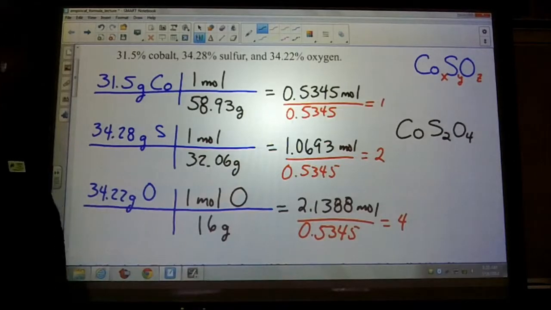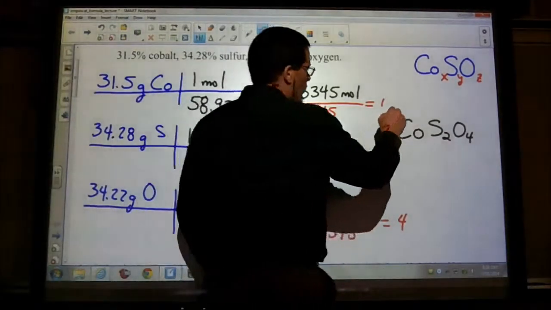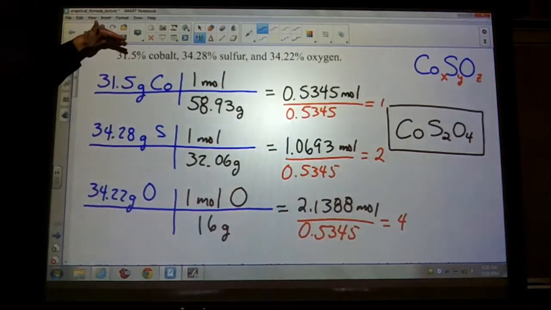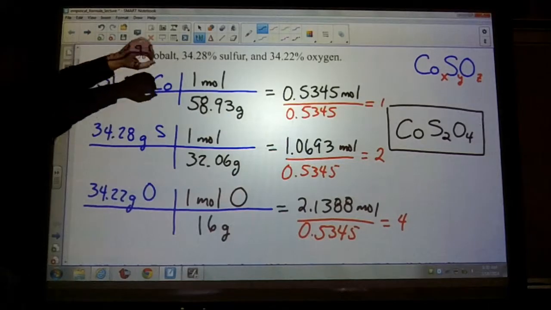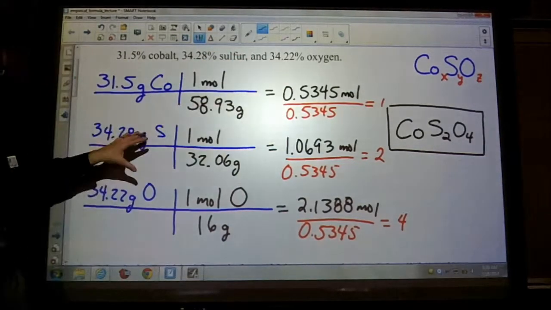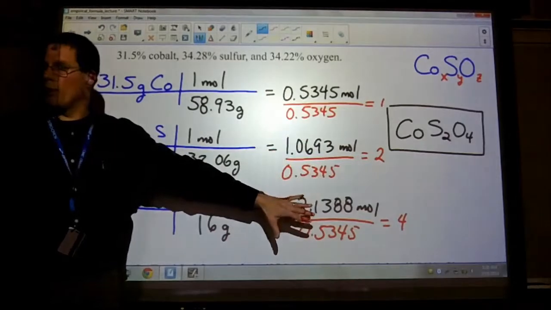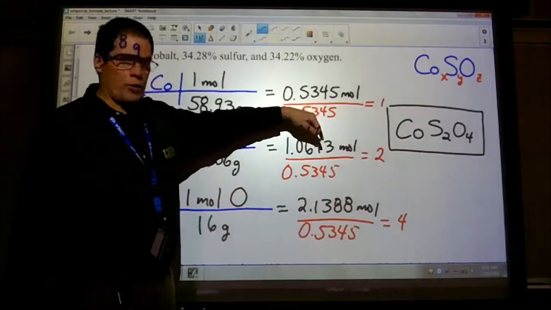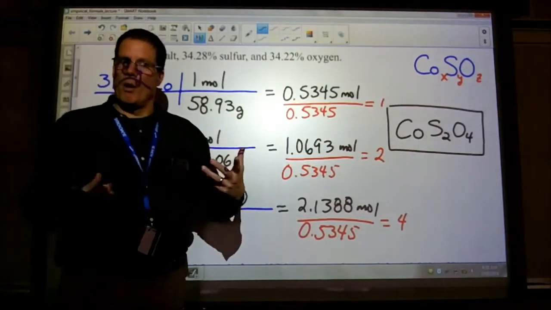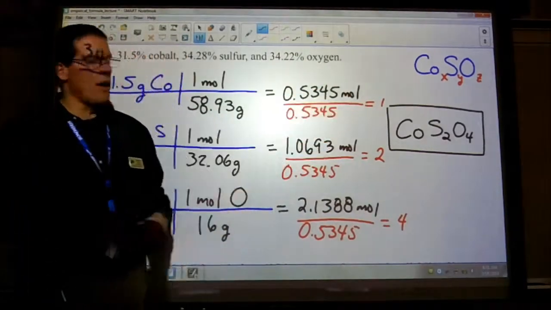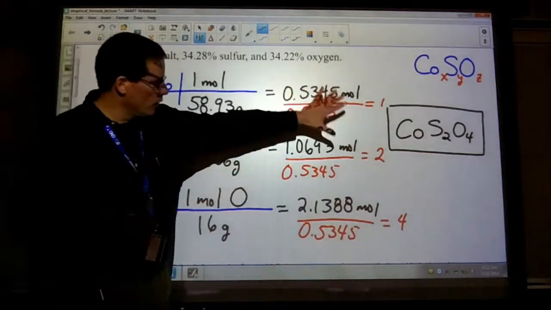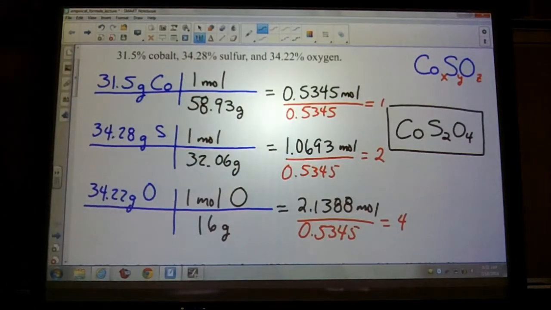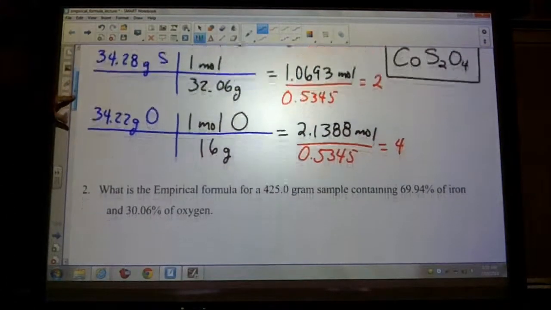So again, when looking at this, first of all, if you're given percentages, change them into grams, find out how many moles of each. And then don't stop there, because sometimes you might get some numbers that are like 2 point whatever, 3.5. They look like normal numbers, but you still have to find out what that ratio is. So make sure that you divide all of these mole amounts by the smallest number of moles from your work there.